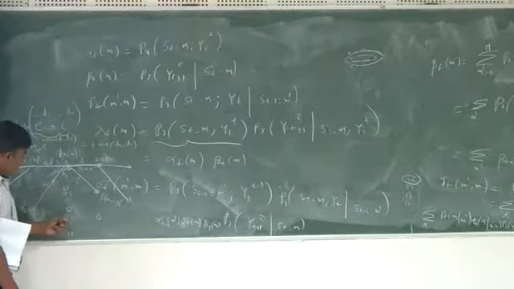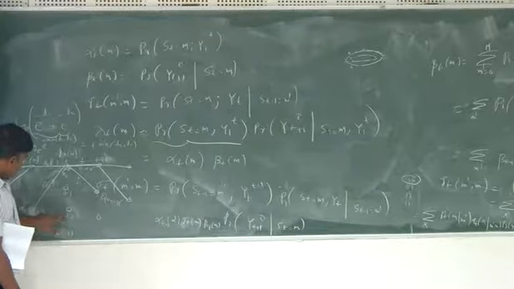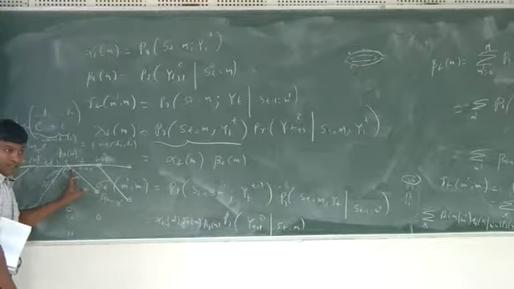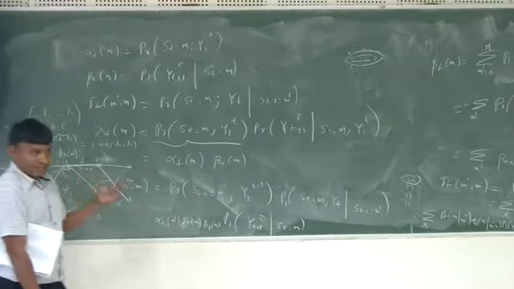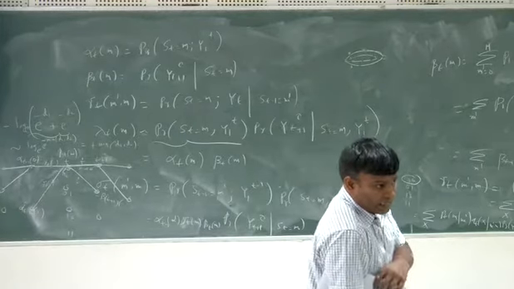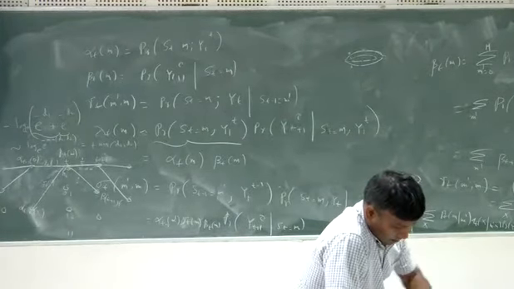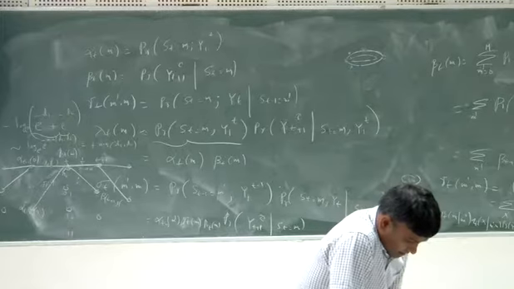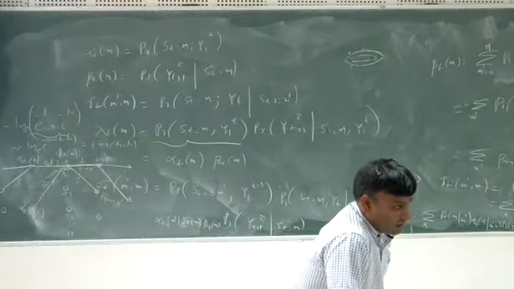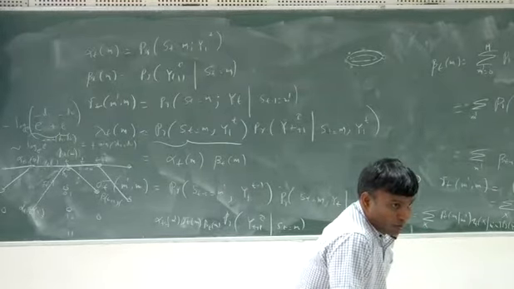You want the APP of the bit 1 given the entire received sequence for this position. For the next position, again the same. Understand? So from the state APPs you get the properties of the source.